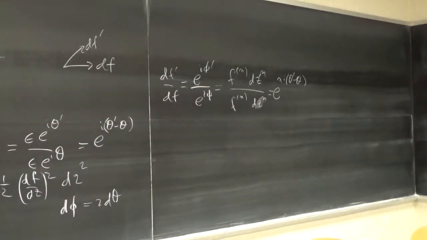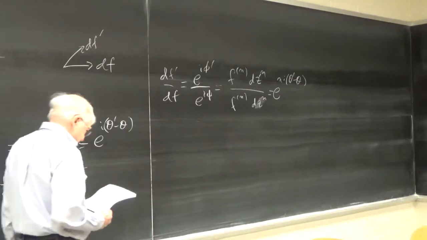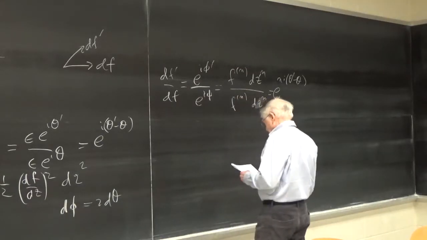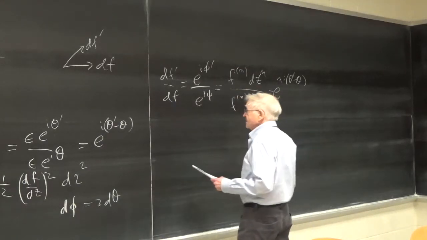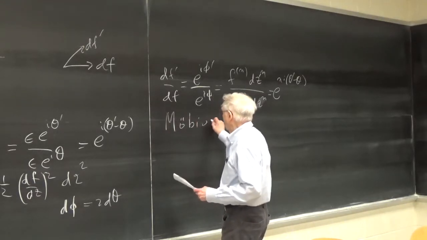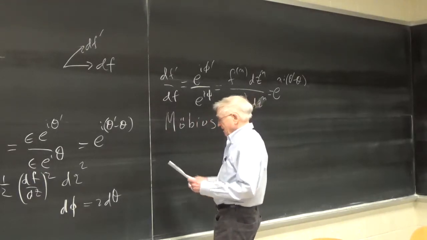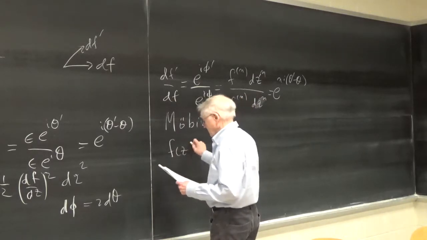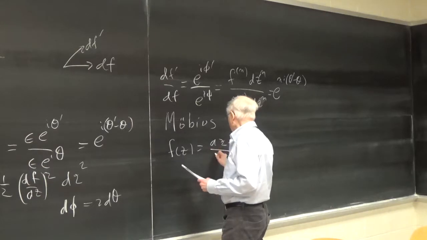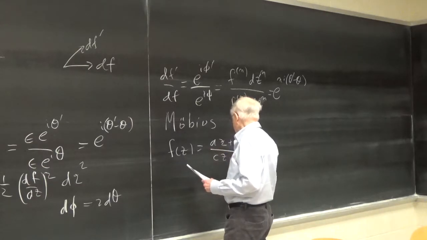One subtlety there. There's a function called the Möbius function, and it is f of z equal to az plus b over cz plus d.